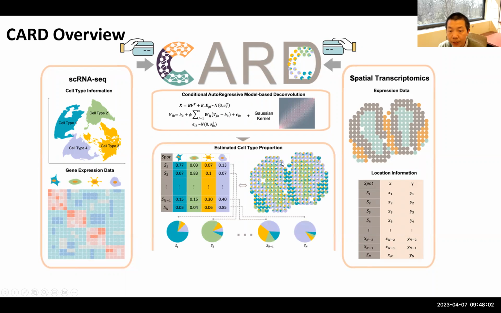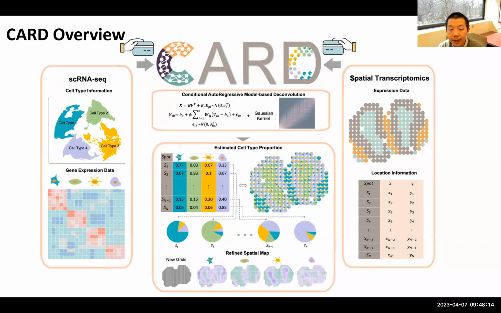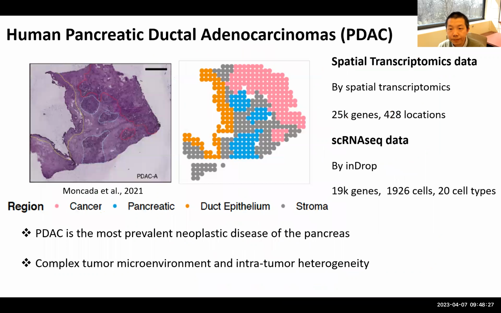On each measured location, we usually use a pie chart to represent the deconvolution results, where different colors represent different cell types, and the size of the pie chart slices represents the proportion of cells. In addition to cell type deconvolution, you can also construct a refined spatial map in terms of cell type composition or gene expression through this imputation strategy.